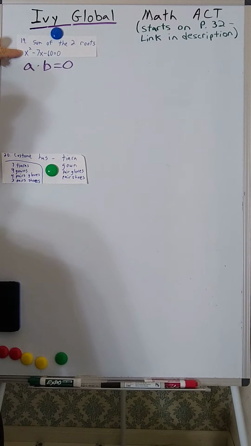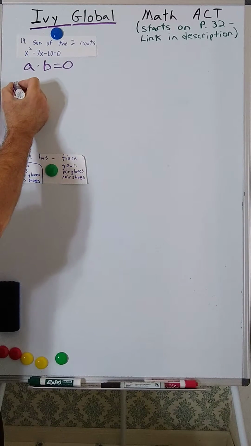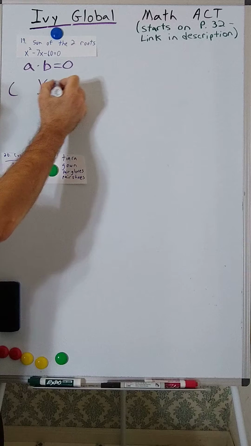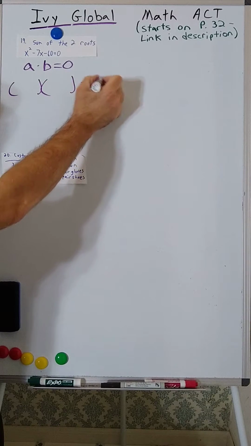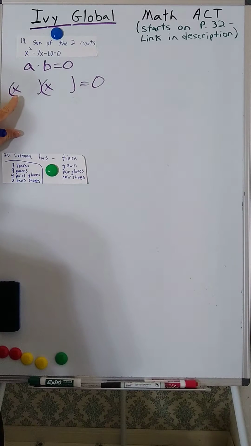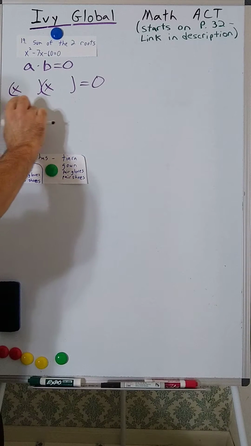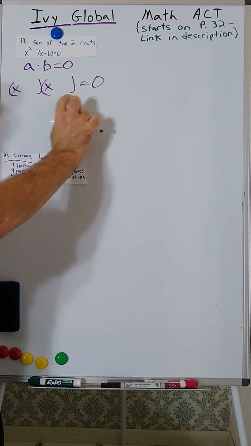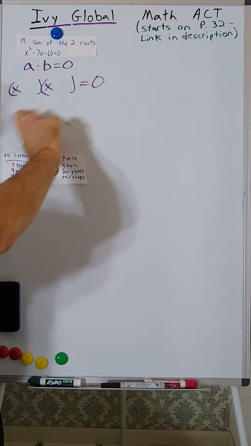So we want this to be in factored form. So it's going to look something like this, and then we'll have this factor times this factor equal to 0.